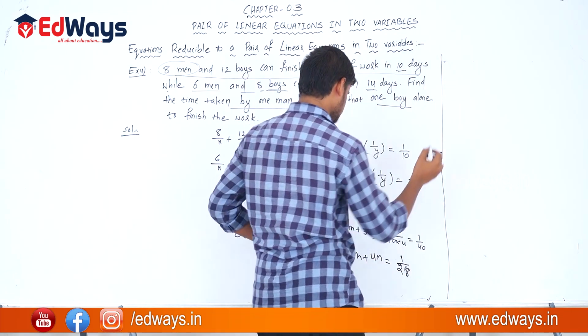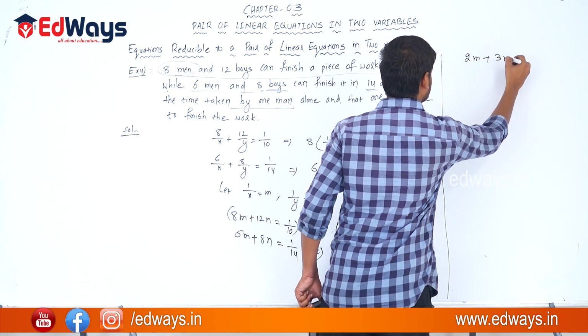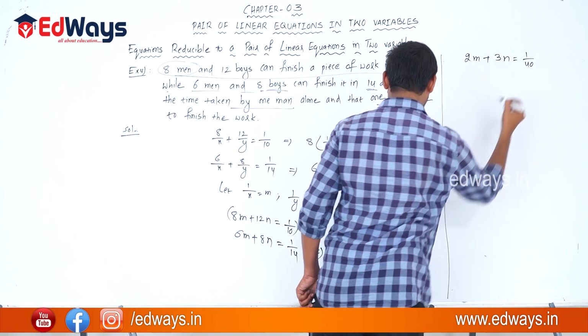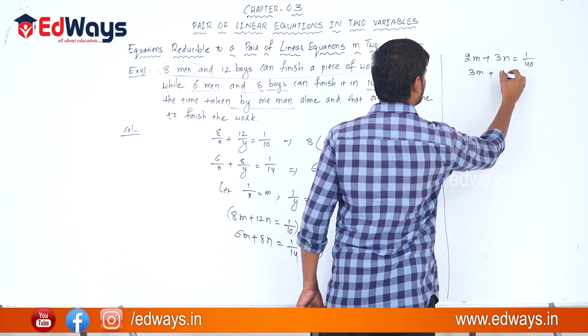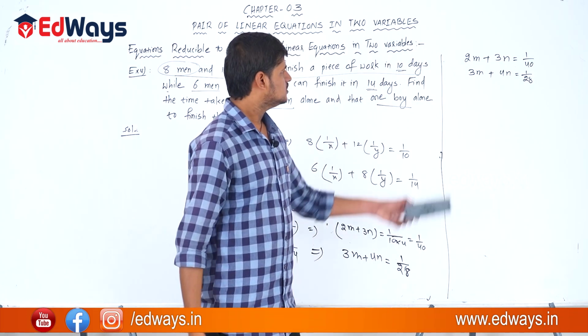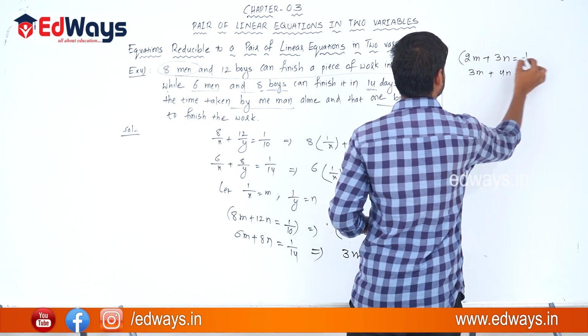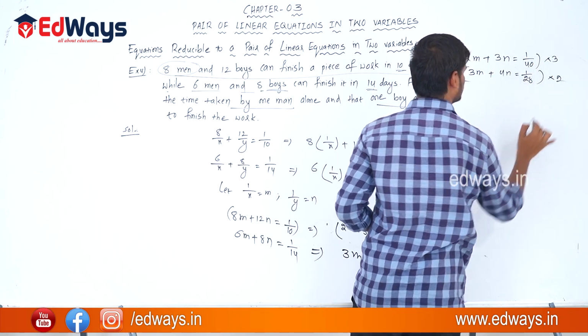So let me write these two equations here first. 2m plus 3n is equal to 1 by 40, and similarly 3m plus 4n is equal to 1 by 28, right? So let me make the m coefficient the same. For that I am multiplying the first with 3 and the second with 2.